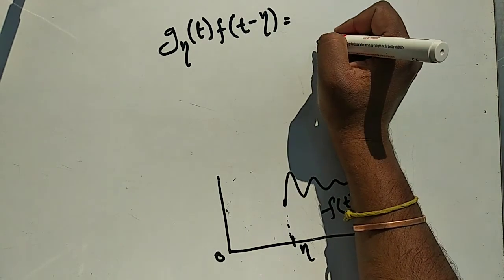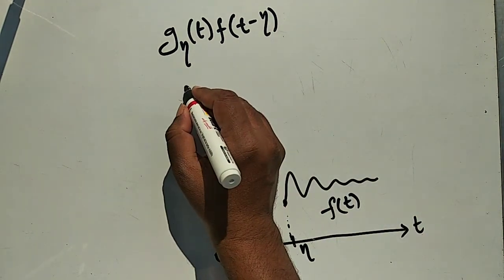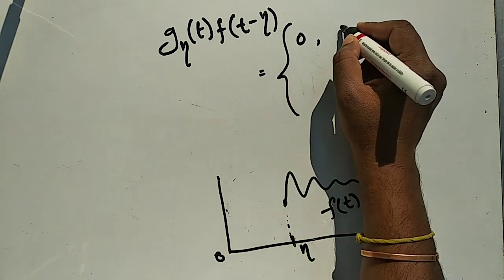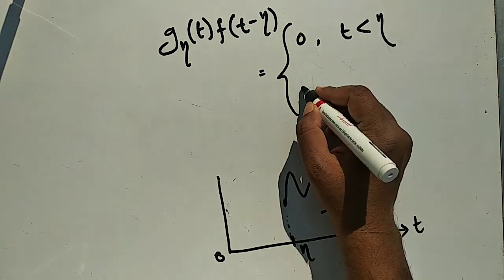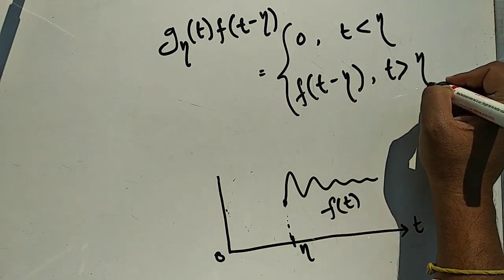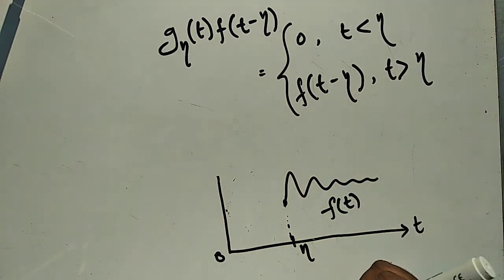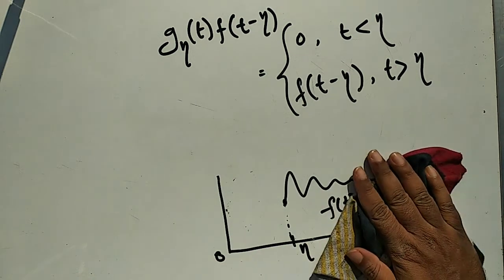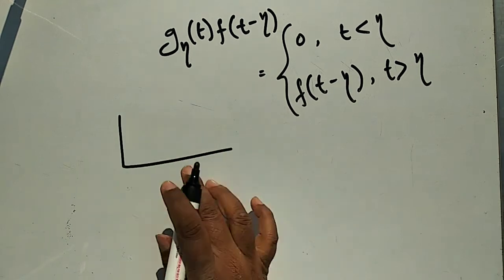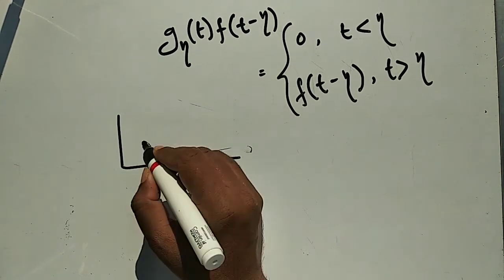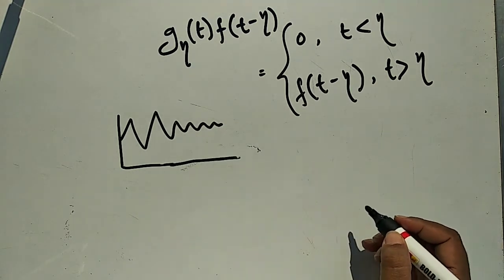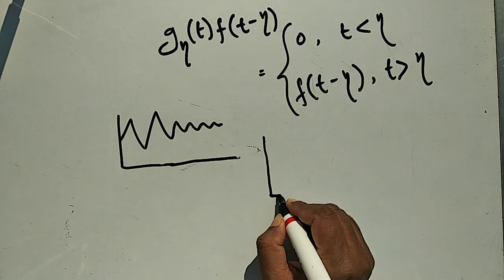Then the resulting function will be 0 if t less than eta, and f of t minus eta if t is greater than eta. In that case, what happens? Initially we have a graph like this. This is my graph. Okay, now I am translating.